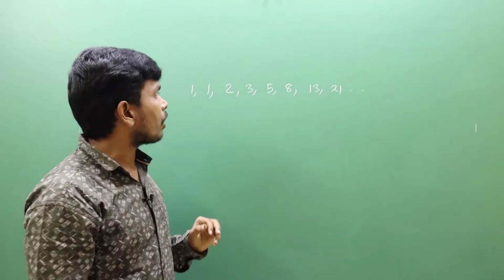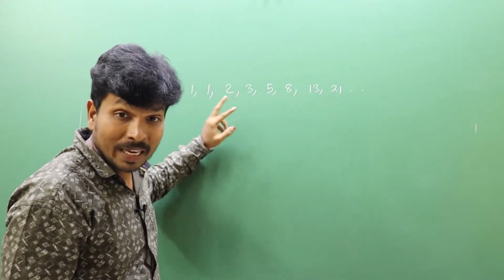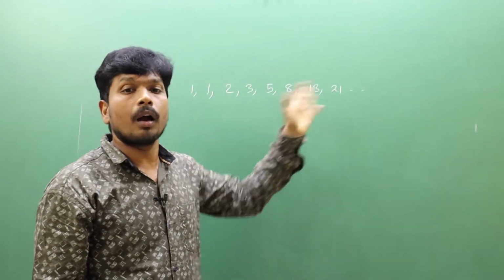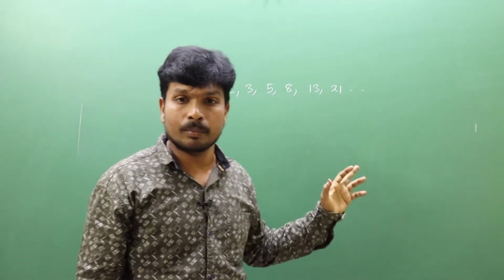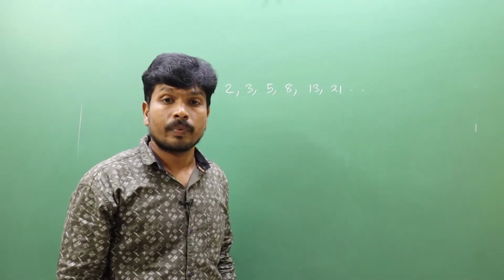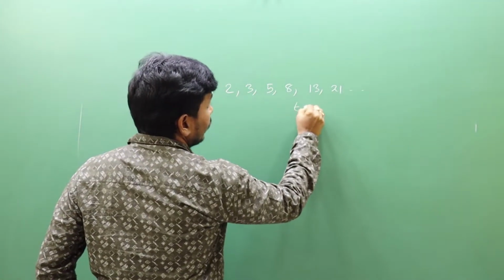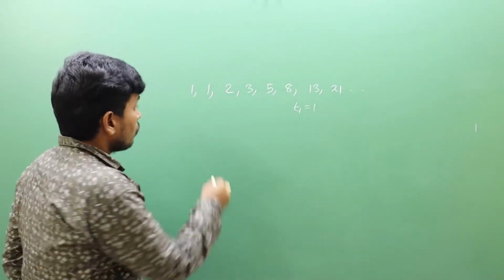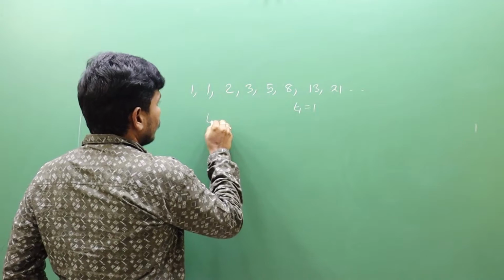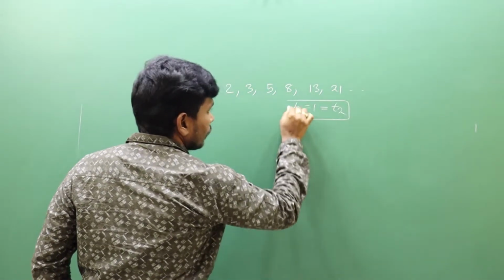In the Fibonacci sequence, you generate the next term by adding the two successive terms before it. This is one sequence. It follows some rule. What is the rule here? Suppose I take the first term t1 equal to 1, and t2 equal to 1.